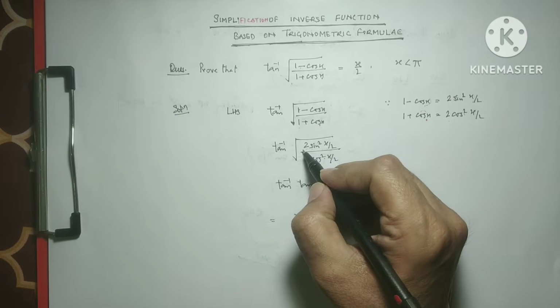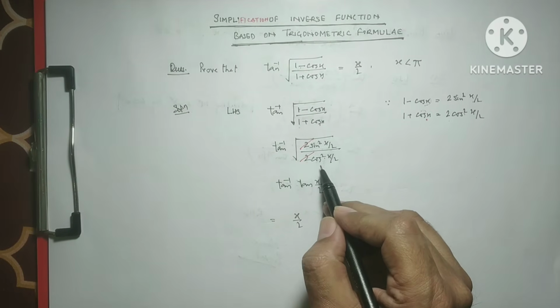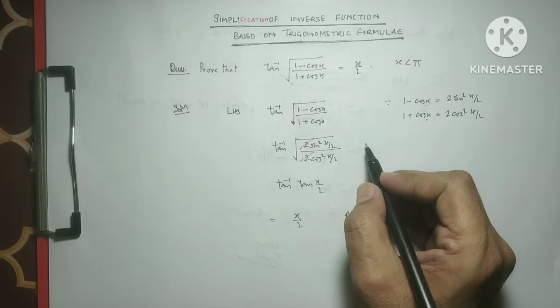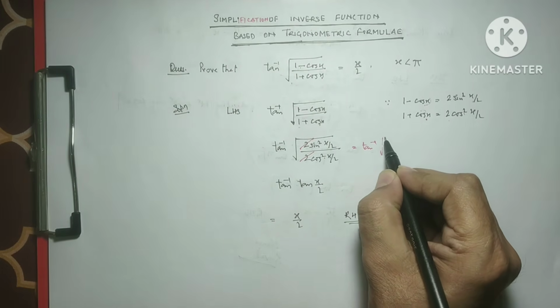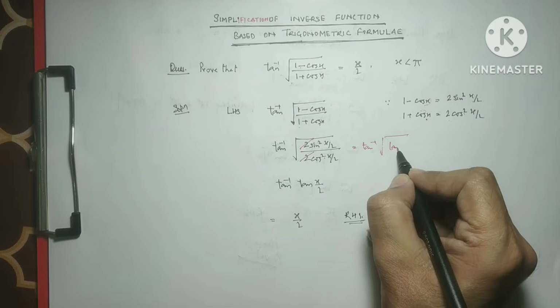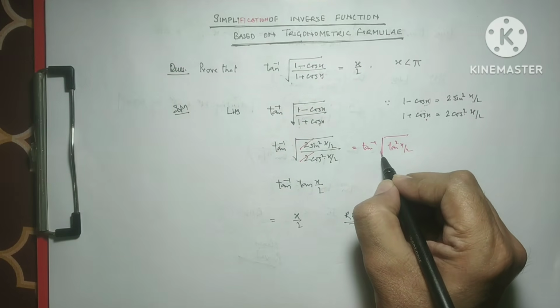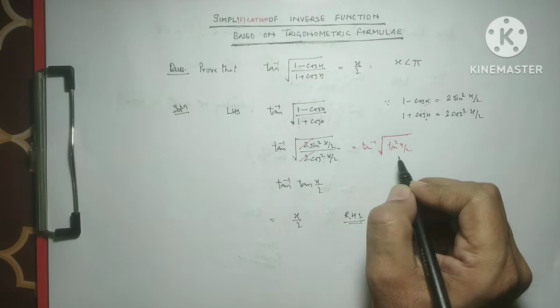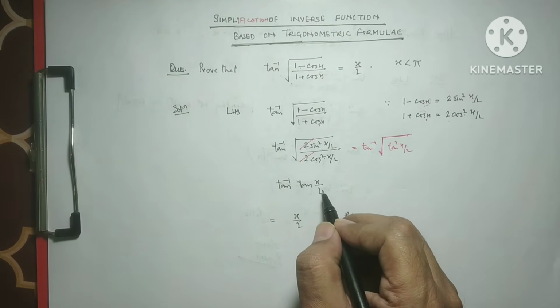So when you place this, you cancel the 2, and this is sin square x by 2 over cos square x by 2. So you can say it is tan inverse under root tan square x by 2. Now the under root and square cancel out, and as a result we get tan inverse of tan x by 2.